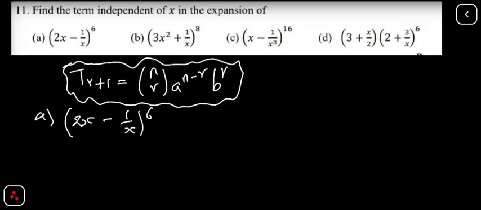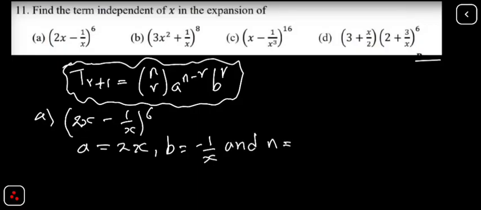Our a is equal to 2x, our b is negative 1 over x, and n we've been given, which is equal to 6.